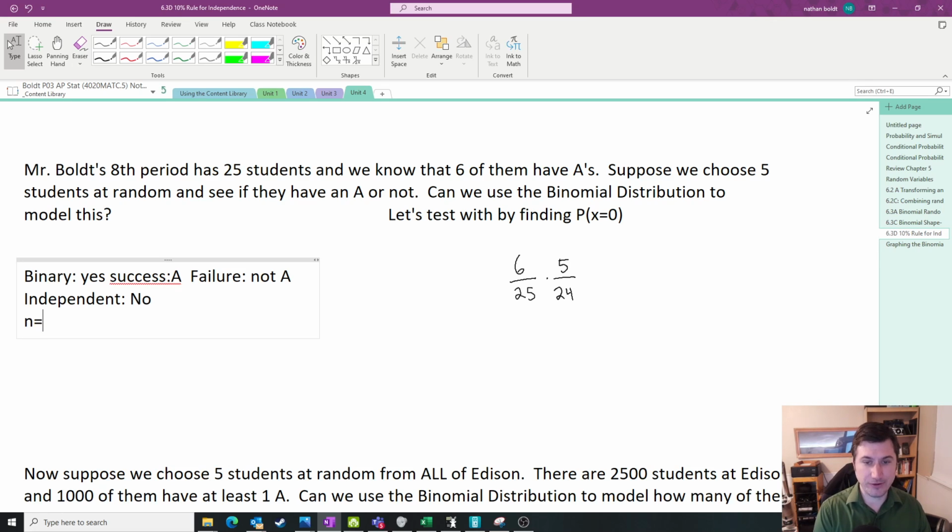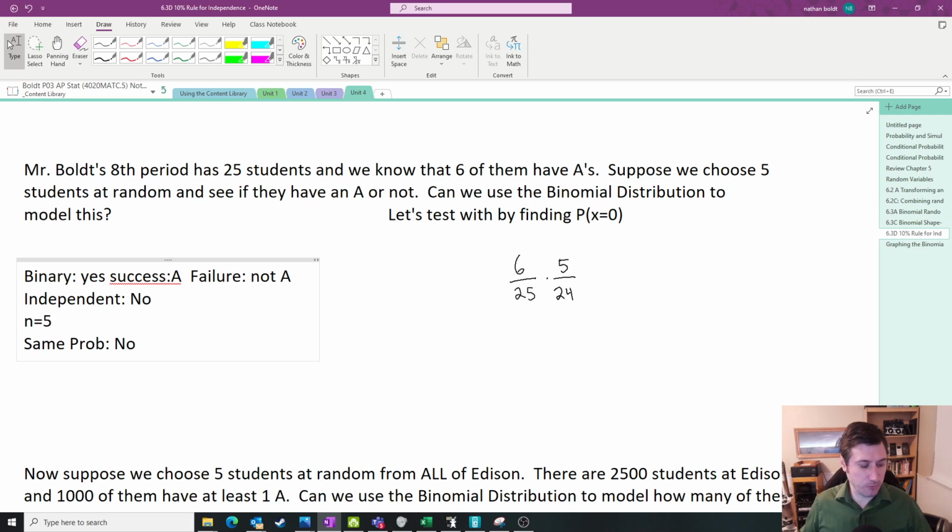Yes, n is fine. n is equal to 5. I'm choosing 5 kids. Same probability? No. The probability is changing for each one because of that independence issue. Now, can we fudge it though?